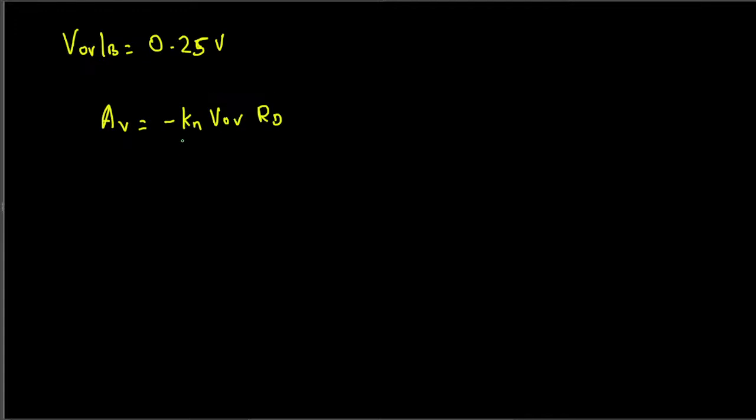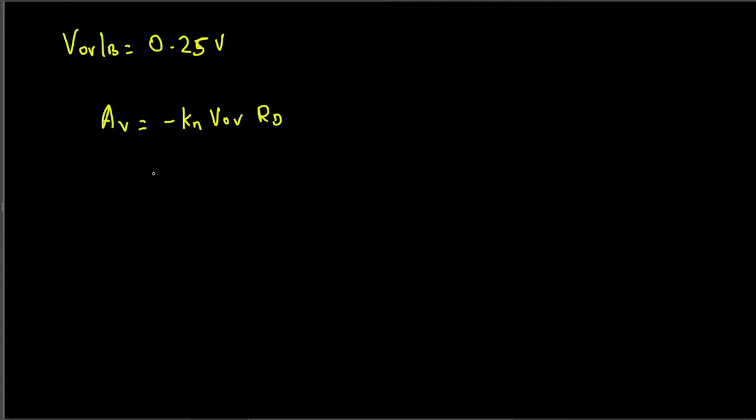But KN and RD remain the same everywhere, whether B or Q. So we can use this equation to solve for KN RD. And to find KN RD, we have to substitute the gain at the point as well.